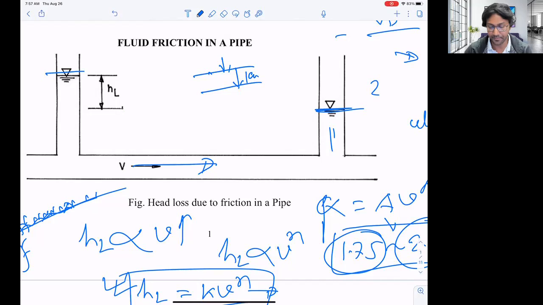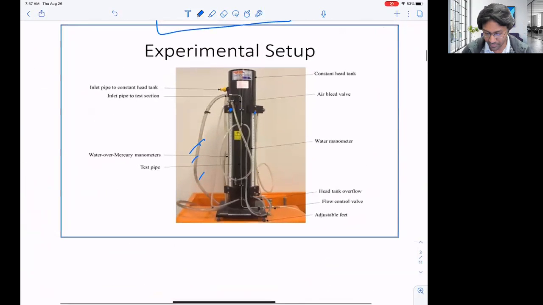Why do we know that? The specific gravity of mercury, so we'll use that information as well. So that is the representation of the experiment. We'll measure head loss, and from that head loss we'll know the diameter of the pipe, and we'll calculate the velocity, and then we'll be able to calibrate the system.